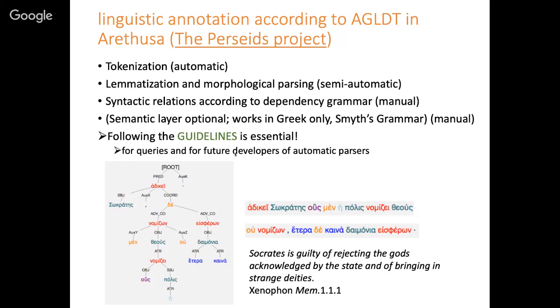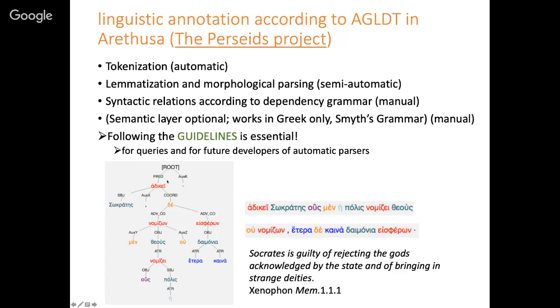Now there is one sentence from Xenophon. Socrates is guilty of rejecting the gods acknowledged by the state and bringing in new strange deities, which is now presented here as a syntactic tree.